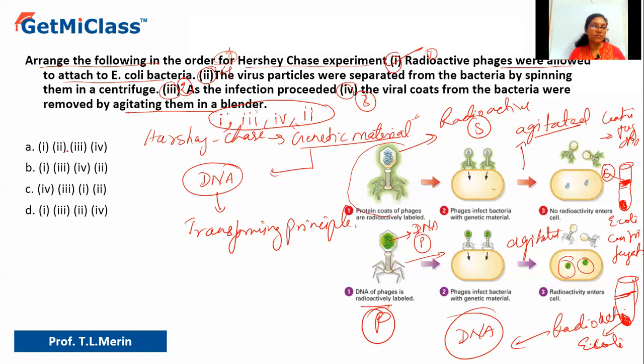Option A says 1, 2, 3, 4, which is incorrect according to our explanation. Option B says 1, 3, 4, 2. This is absolutely right because we also got the same order. Option C says 4, 3, 1, 2, which is incorrect. D says 1, 3, 2, 4, which is again incorrect. So the correct option is option B. I hope you understood the explanation. Thank you.